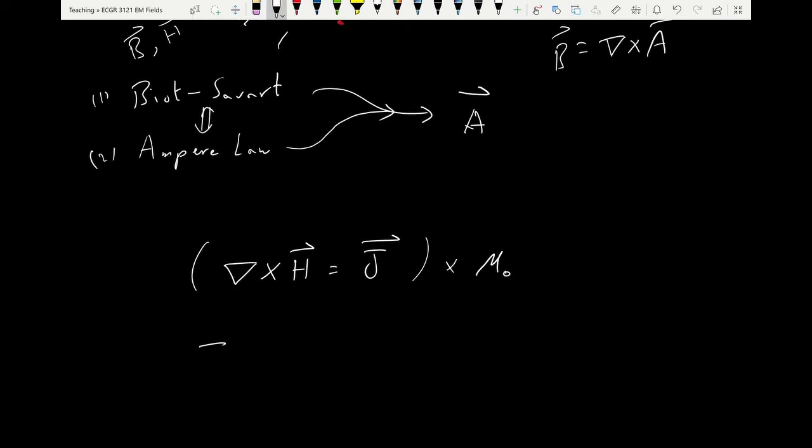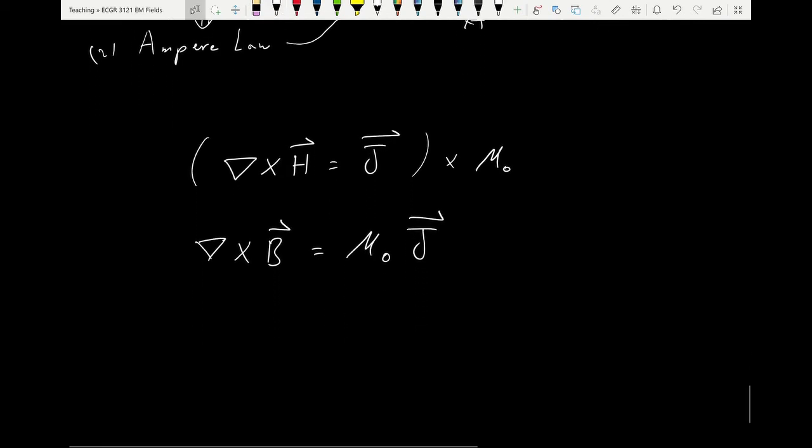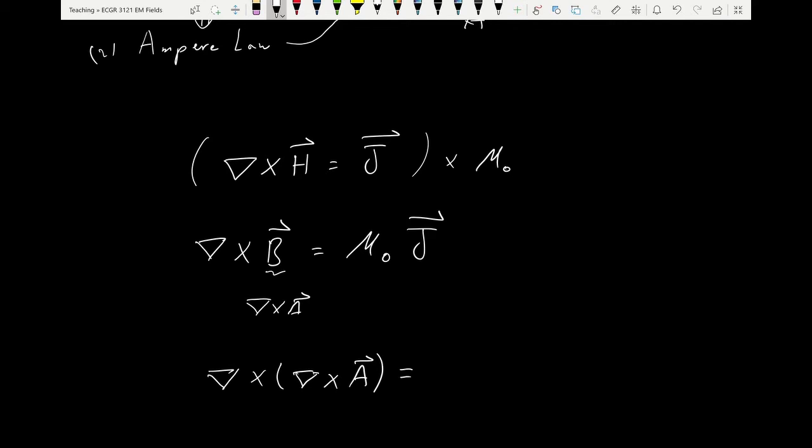So I can get the curl of B equals mu naught J. Now, we said that B can be written as the curl of A. So I can express this as the curl of the curl of A equals mu naught J.